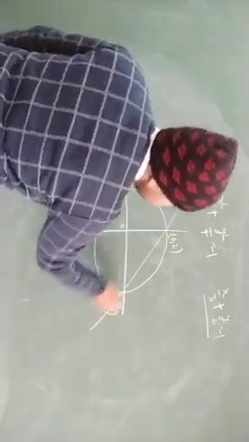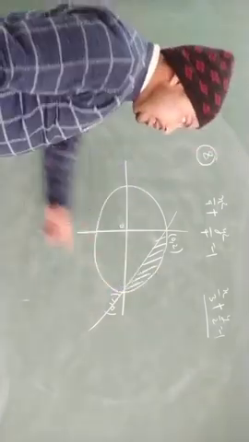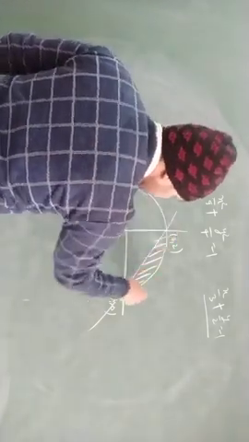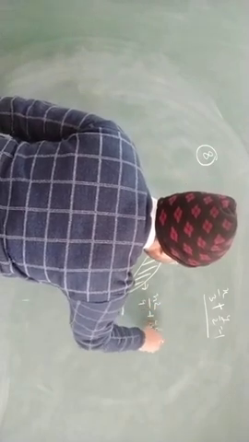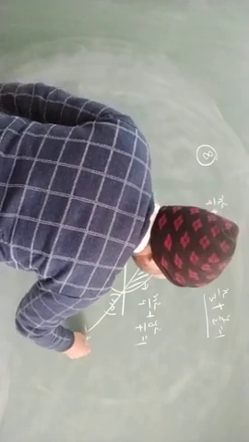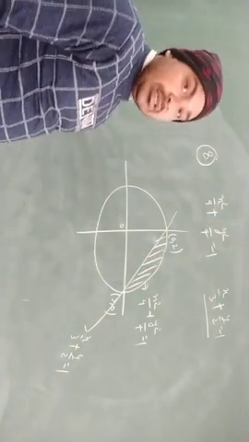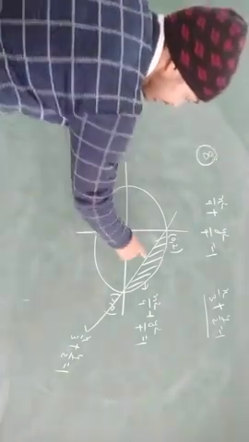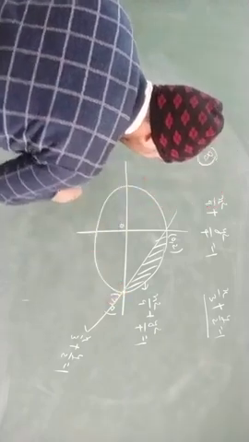So this line is drawn like this, and we get our bounded region between the curve x square by 9 plus y square by 4 equal to 1 and the line x by 3 plus y by 2 equal to 1. Now how can we find the required region? The limit is 0 to 3.